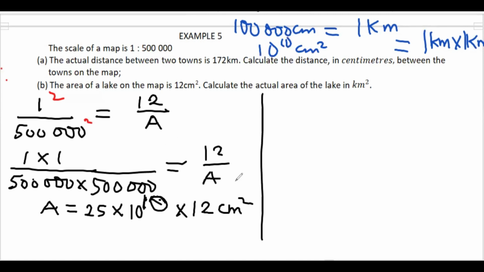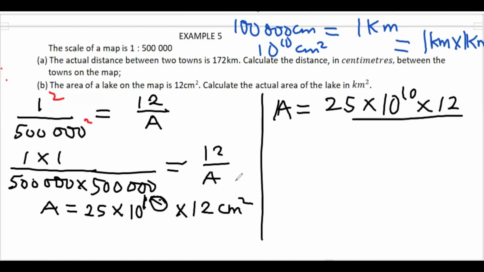So our area becomes A equals 25 times 10 to the power of 10 times 12 divided by 10 to the power of 10. From here, this will cancel, and we have the required area being 25 times 12, which gives 300.